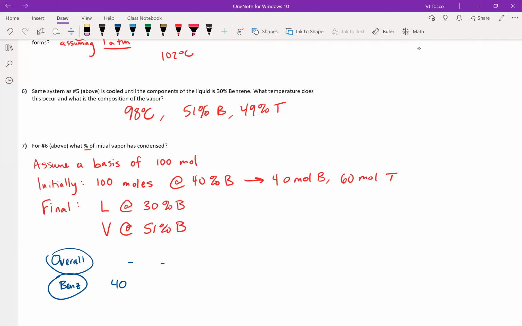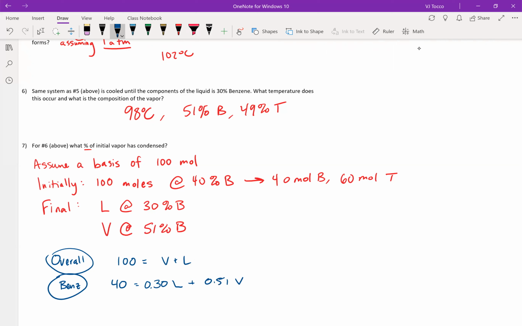I wrote this backwards. If I want to be consistent, I should have written 100 is equal to V plus L. 40 is equal to 0.30 times L plus 0.51 times V. And now this is a system of 2 equations, 2 unknowns that I can solve.